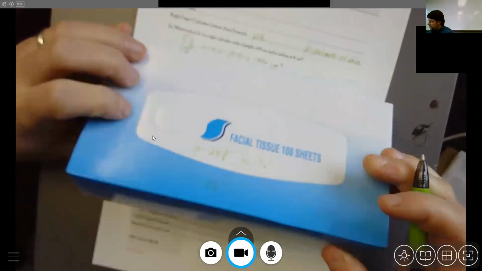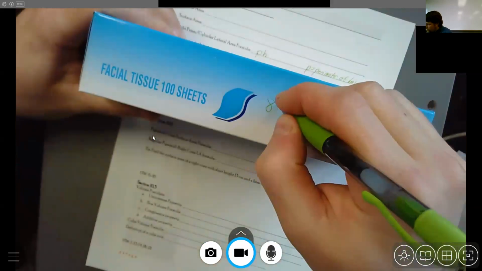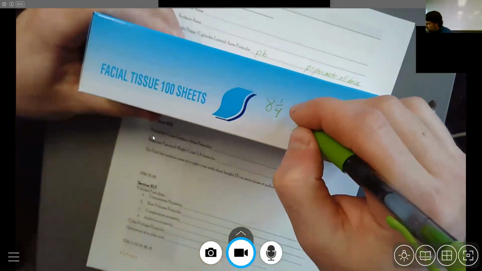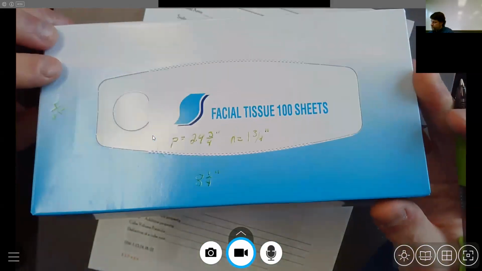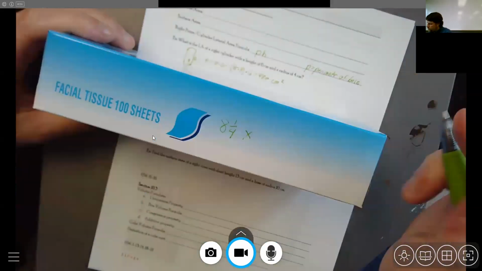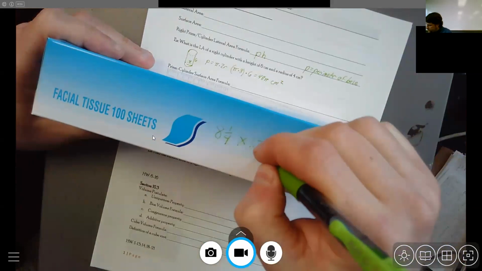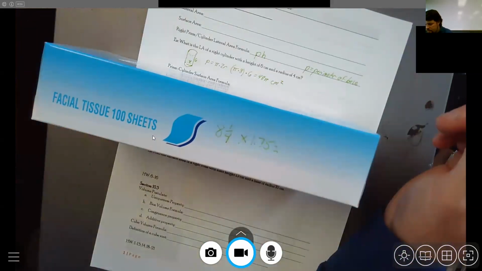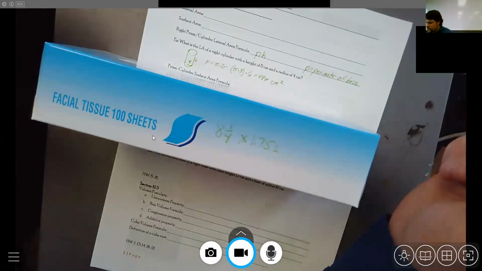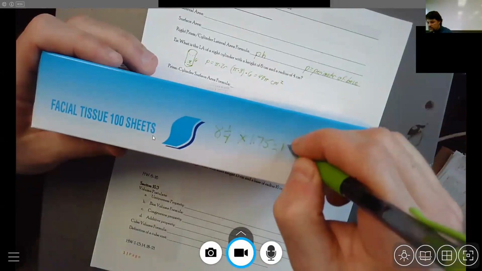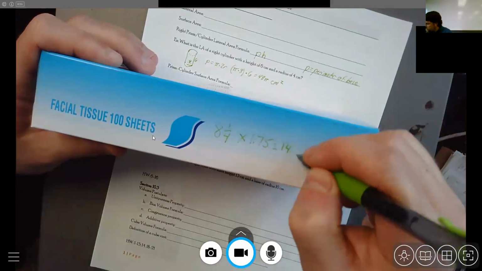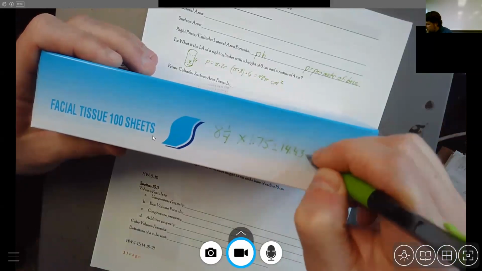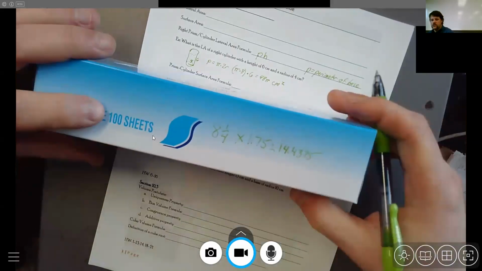And now this side here, we know is 8 1/4 by the height, 1.75. So if we do that, we get, interestingly, 14.4375, and there's 2 of these sides, right? This one here and this one here.